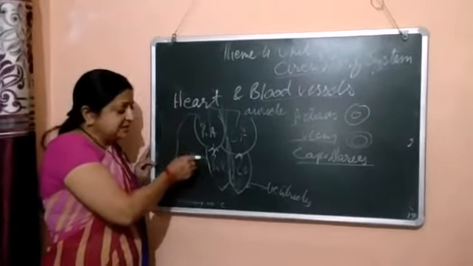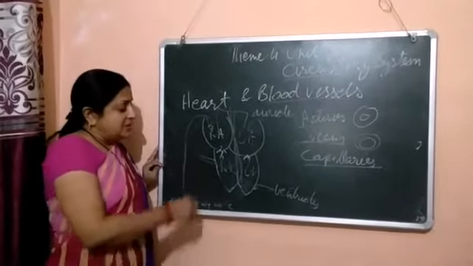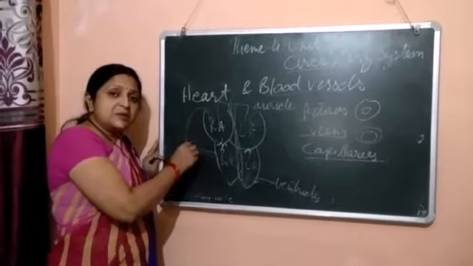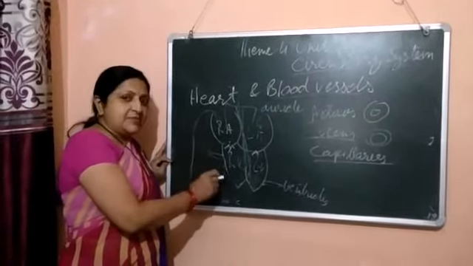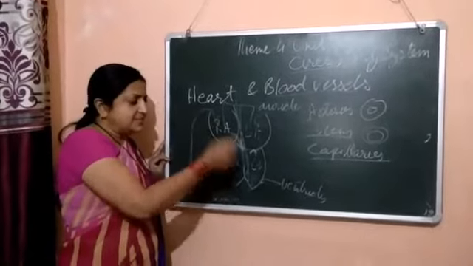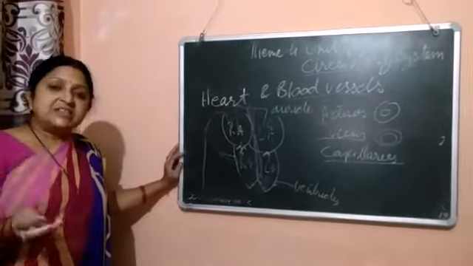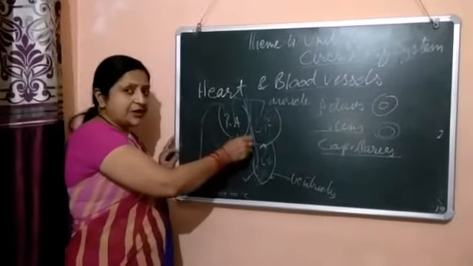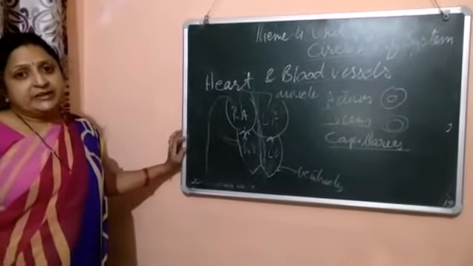It collects the blood from the right ventricle and distributes the deoxygenated blood to the lungs. And at the same time, coronary artery supplies the blood to the walls of the heart. Now there are three vessels which leave the heart: dorsal aorta, pulmonary artery and coronary artery.